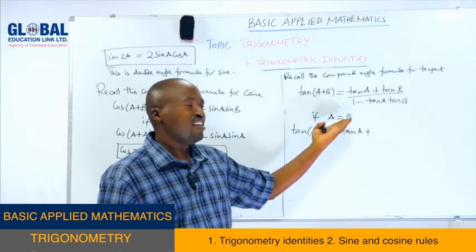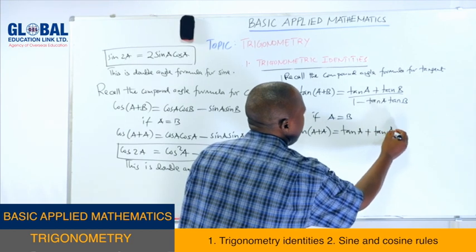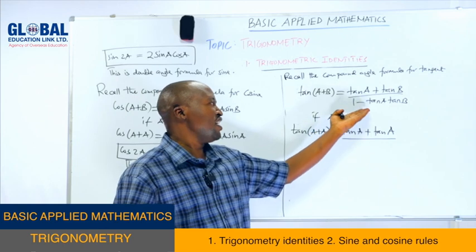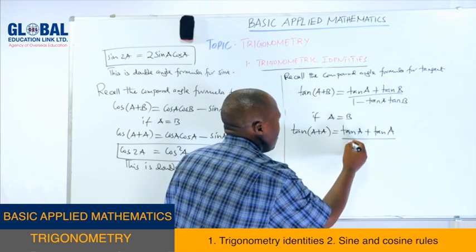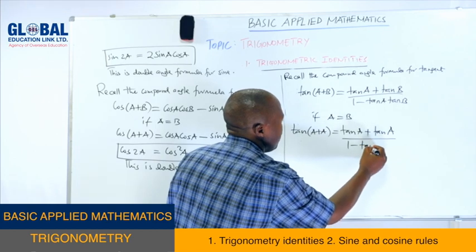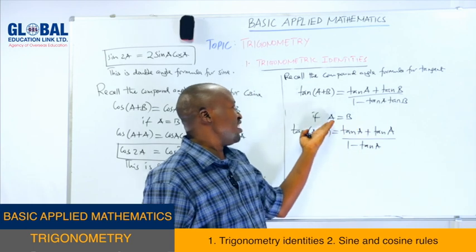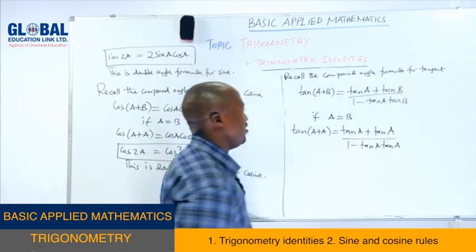Because A is equal to B. That is tan A over, for the denominator, 1 minus the product of tan A and tan B. So that is 1 minus tan A followed by tan A, because A is equal to B. So we have again tan A.